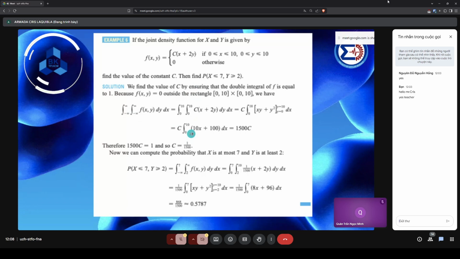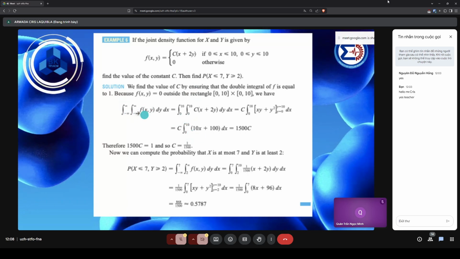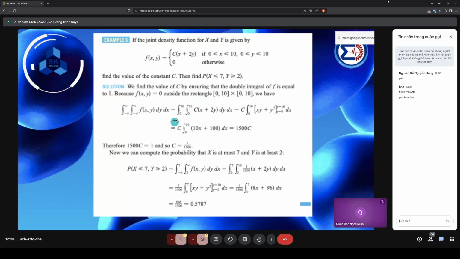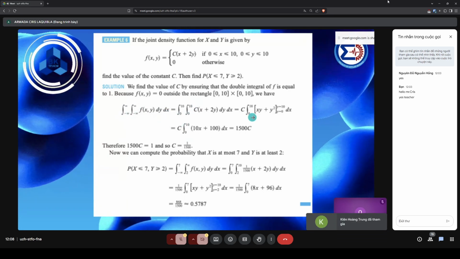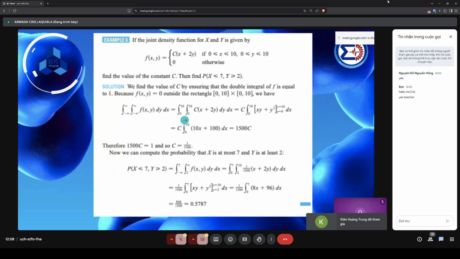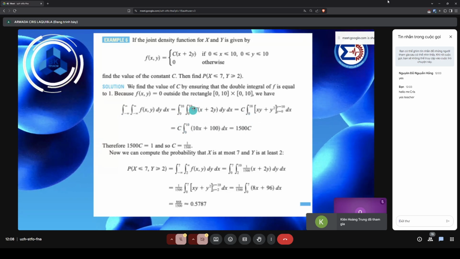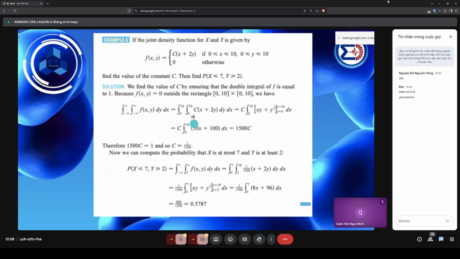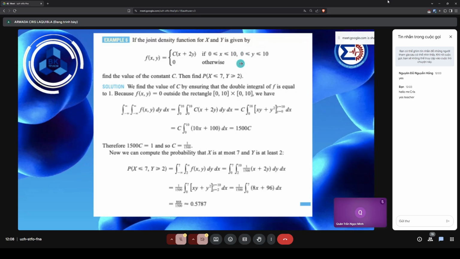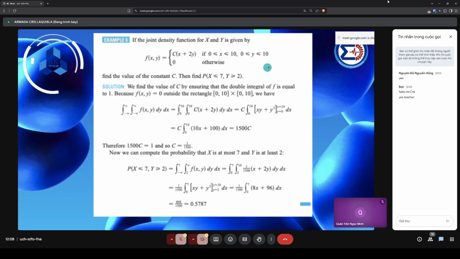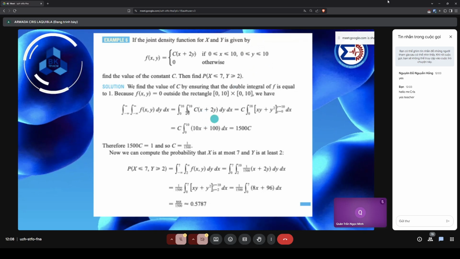Okay, so for the constant c, take the double integral of your f of xy dy dx from negative infinity to positive infinity, and that is just equal to this double integral from 0 to 10, from 0 to 10, because your x is bounded from 0 to 10 and your y is bounded from 0 to 10.